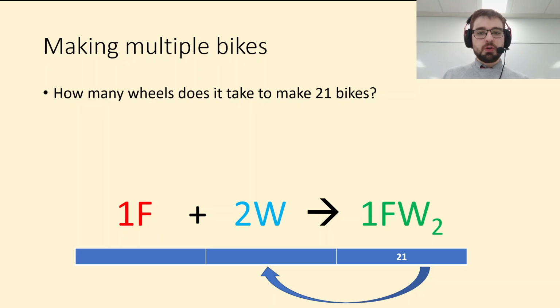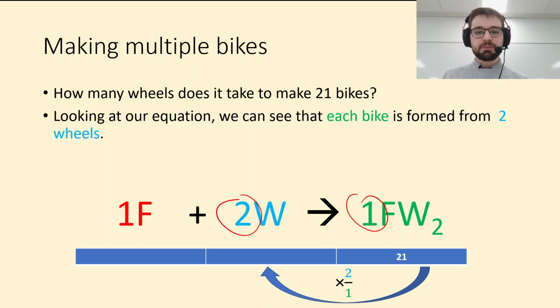Now, we can also go the other way as well. If we want to make 21 bikes, how many wheels are we going to need? So we can have a look at these coefficients at the front again, and we can see that again two ways we could think about this. We could multiply it by the number we're going to, so we're coming from a 1 and going towards a 2, so we can multiply it by 2 over 1, and that'll give us an answer there.